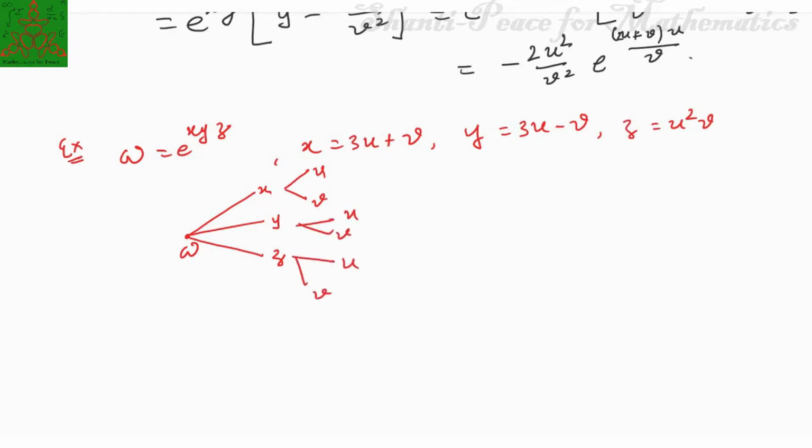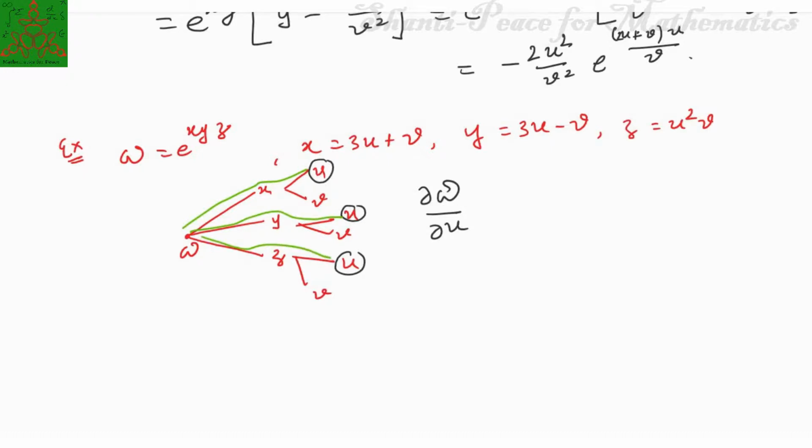Now u is at three places, and the question is to calculate del w upon del u. Since u is at three places, you have to go along three paths. The first one is this, the second one is this, and the third one is this.